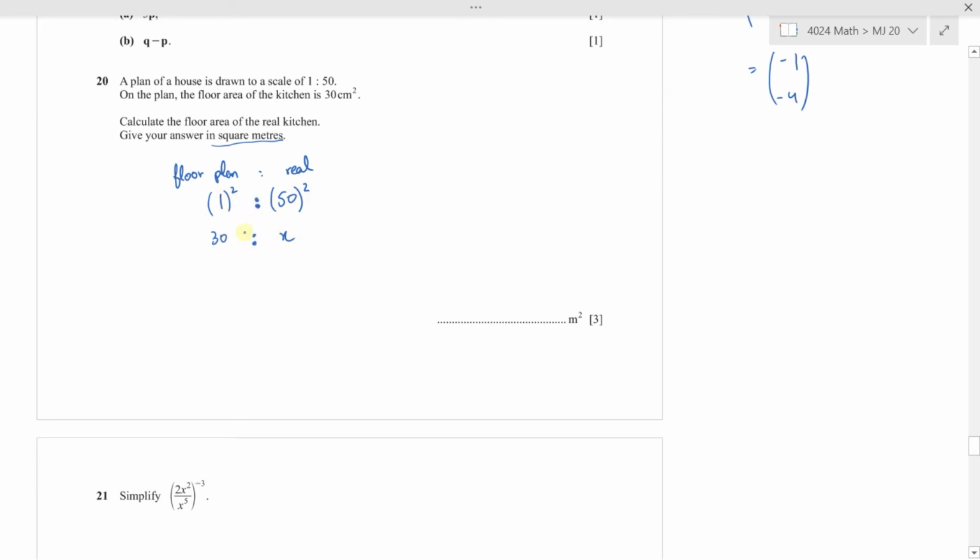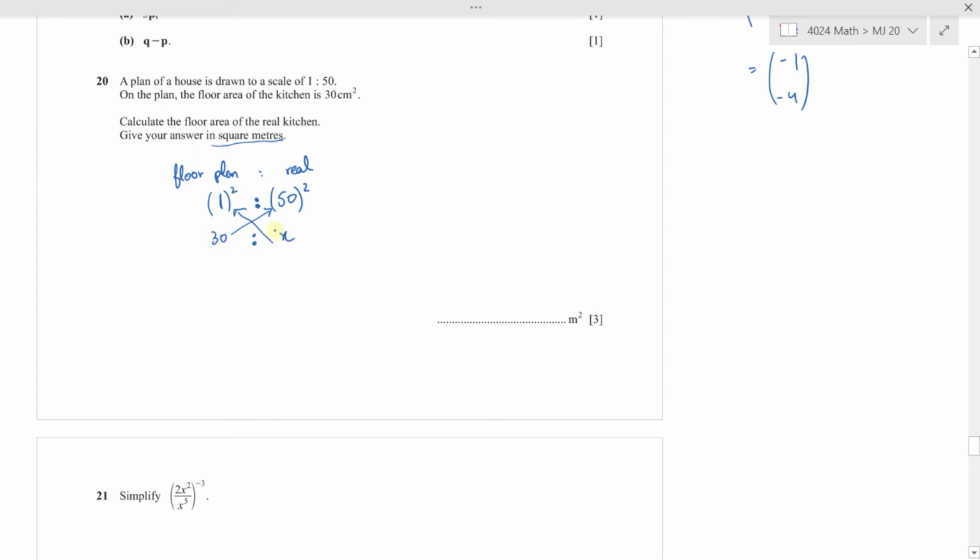Since these are directly proportional, because if I increase the floor plan area of the kitchen on the plan or on the map, the real area of the kitchen will also increase. And if I decrease the area of the kitchen on the map or the floor plan, the real area will obviously decrease as well. So we can cross multiply like this to form our equation.